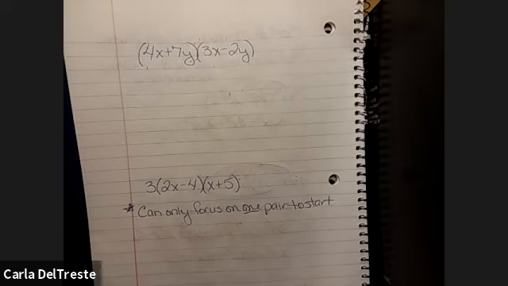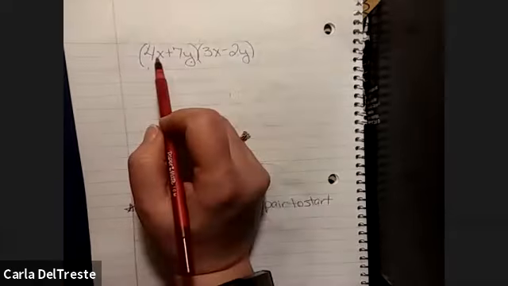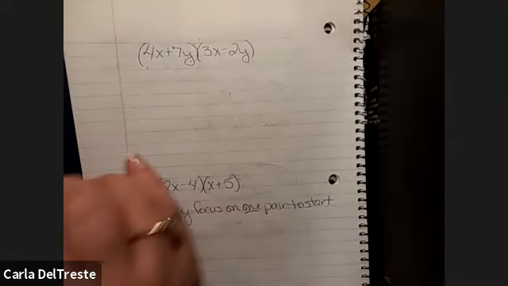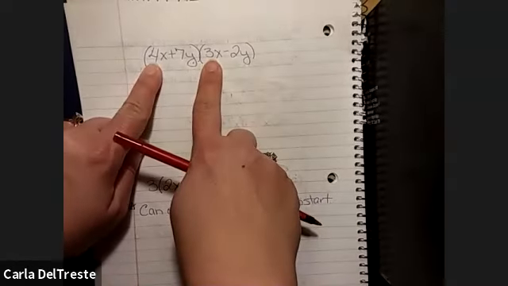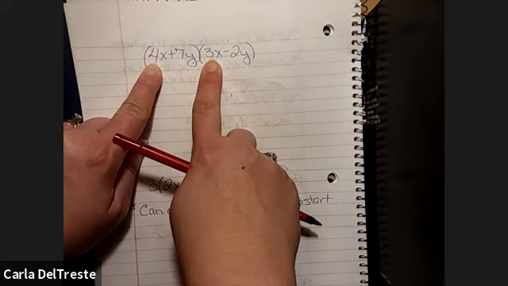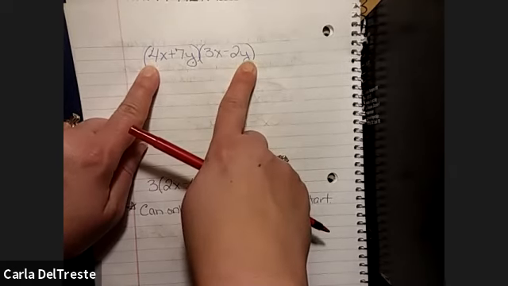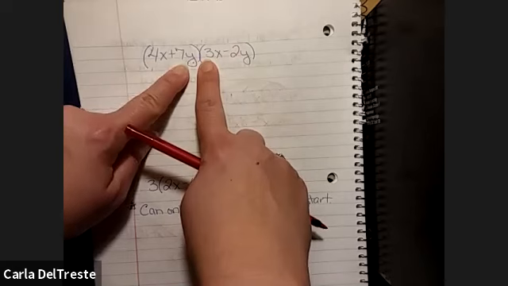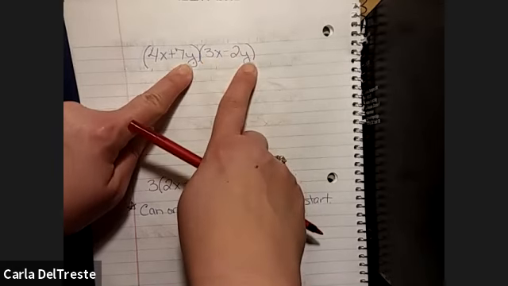And all that stands for is a way to remember which ones you're multiplying. So first means the first two terms in the parentheses. Outside means the two outer ones. Inside means the two inner ones. And then last means the two last ones in the parentheses.